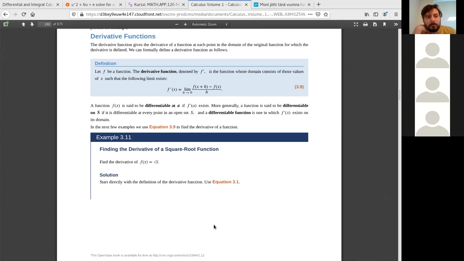But the idea is that we need to look at this f prime not just at point a, but in general, what happens to this f prime at different points x. So we can use this limit simply by leaving f of x here, x as an unknown variable and h as the only thing, and let h go towards 0.